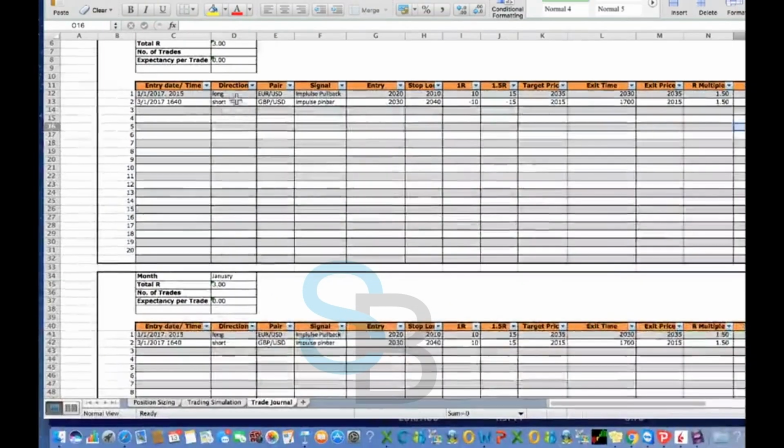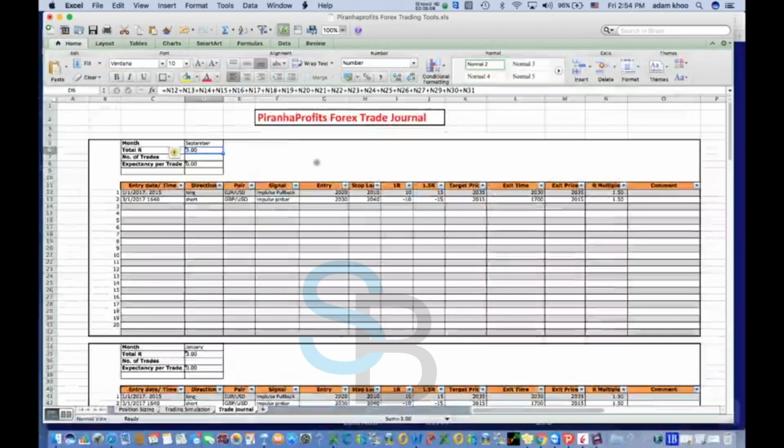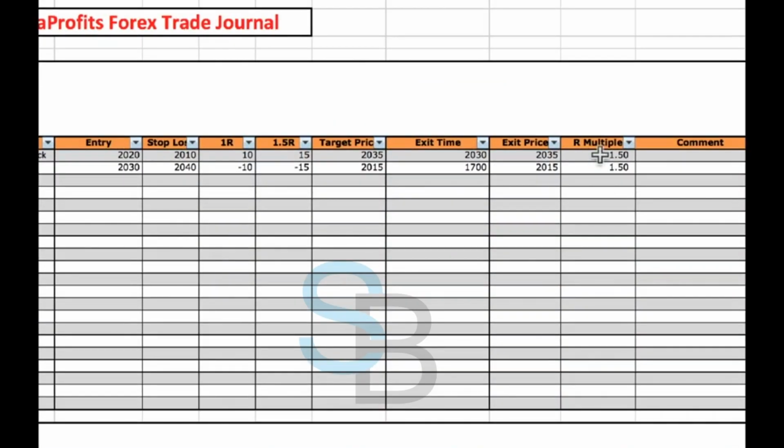All right, so let me show you how to fill this in. First, say you're trading, now it's September, for example, so put September. Okay, and how many R did you get? This would be the total, you can see it's a sum of all the R's here, okay?